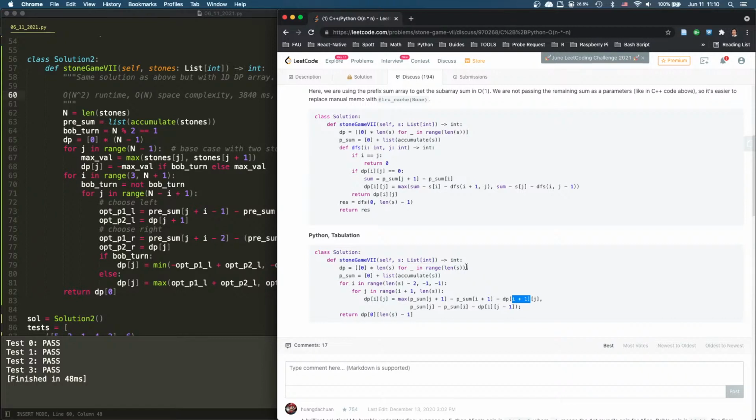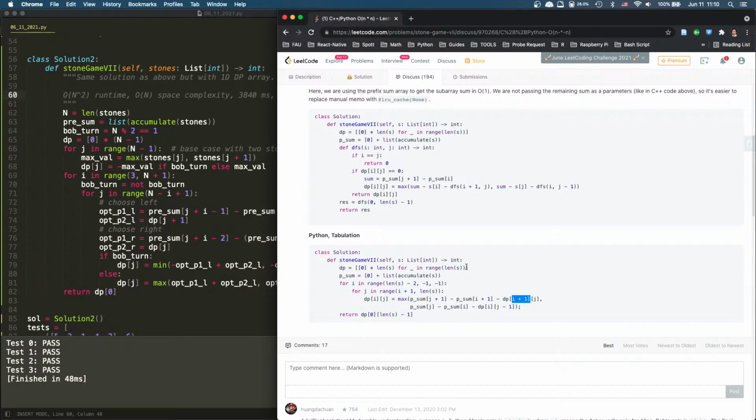So you don't care about who is doing this. Every time you're going to get the current player. Current player, j plus 1. Let's pick the left, and then going down is going to be i plus 1, j, or i, j minus 1.